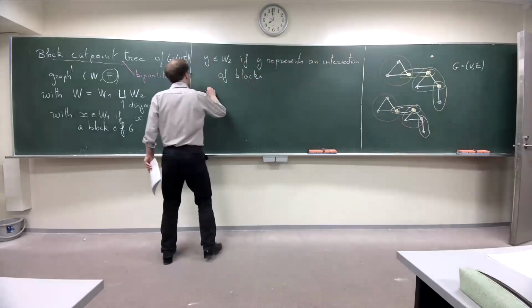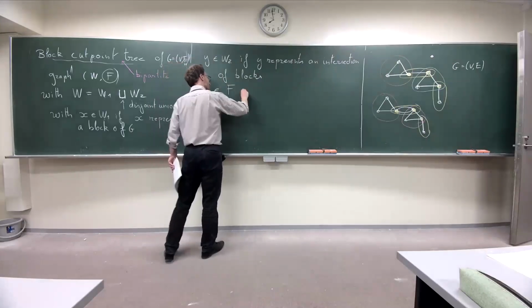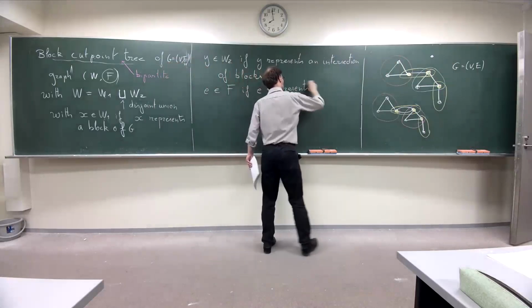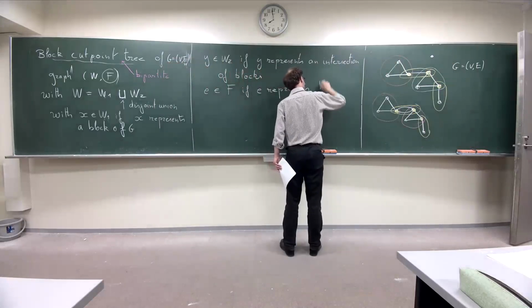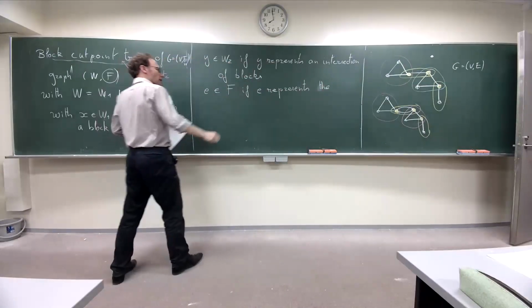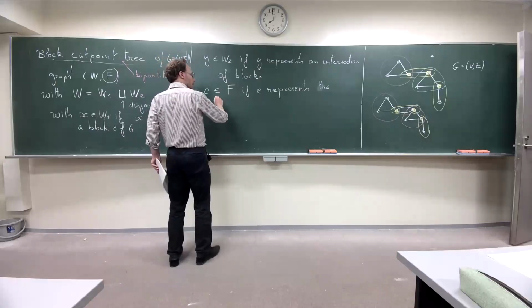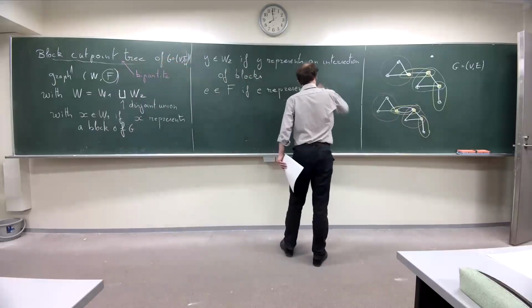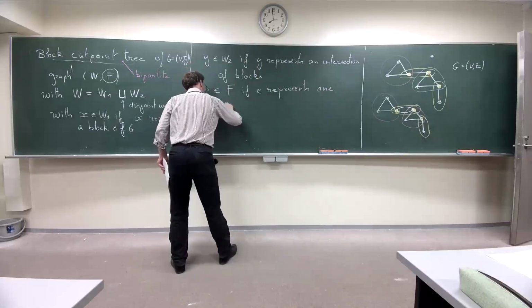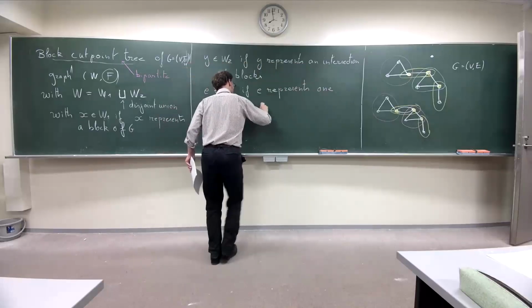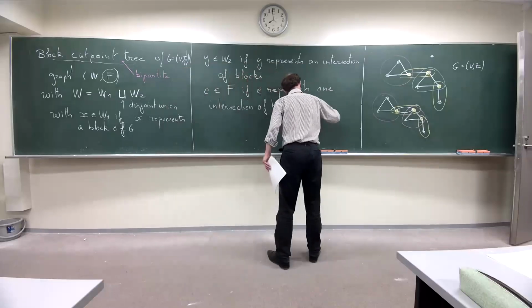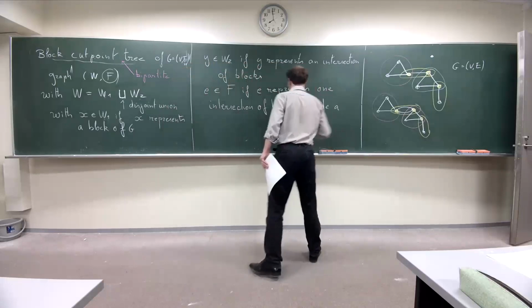So E belongs to F if E represents one intersection of blocks inside a block.